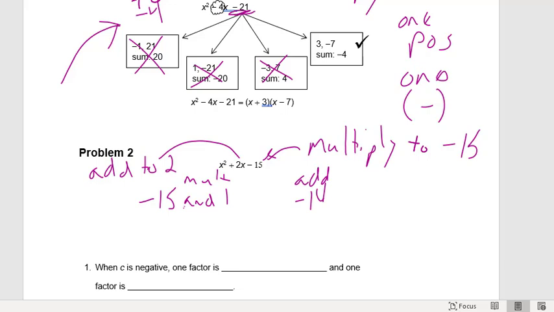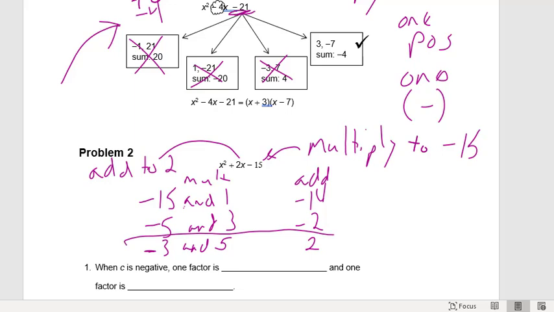We also have negative 5 and 3. So negative 5 times 3 is negative 15. This would add to negative 2. We have negative 3 and 5. 3 times negative 5 is negative 15, but 5 plus a negative 3 makes 2.